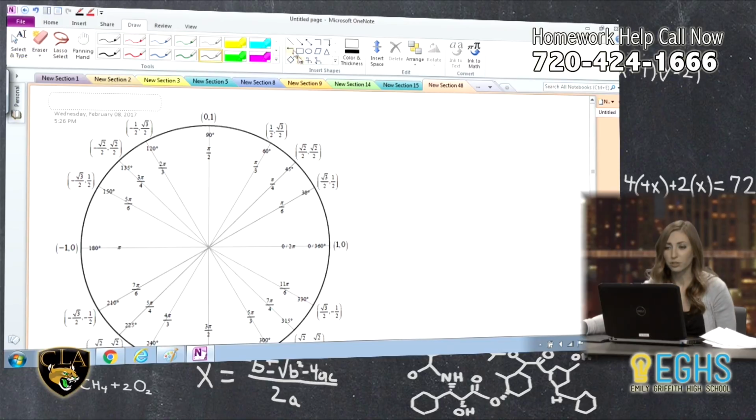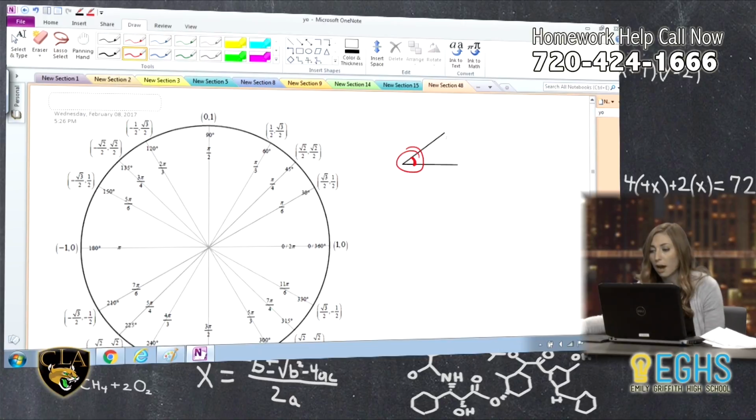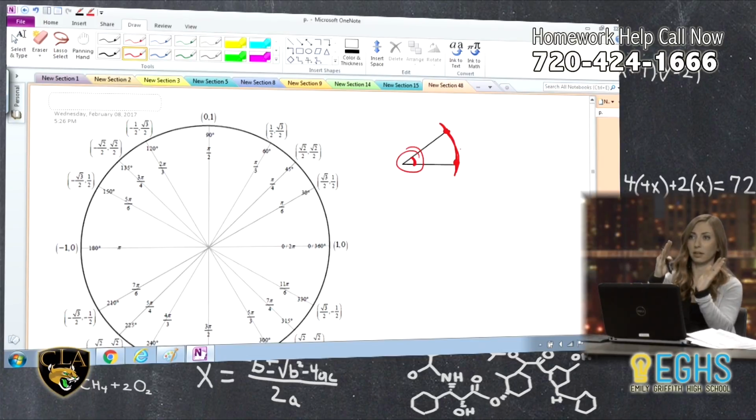If I were measuring an angle, say I had an angle here, with degrees, you've probably used a protractor, you're measuring this portion of the angle right here. When you're measuring using radians, what you're actually measuring is the arc length, how long the arc is between the two line segments.